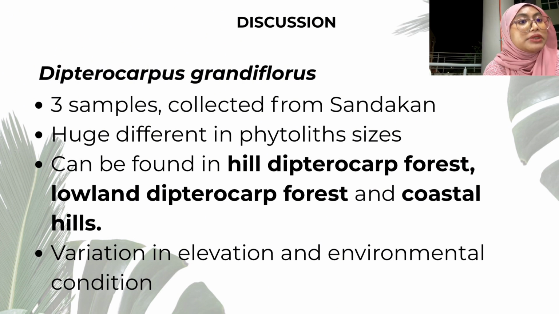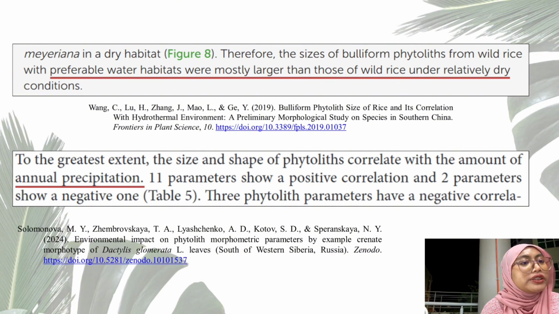Even though my research study today lacks references and information on where exactly my species grow, we do have previous studies that explain and prove that phytolith sizes can be influenced by the environmental conditions around them.